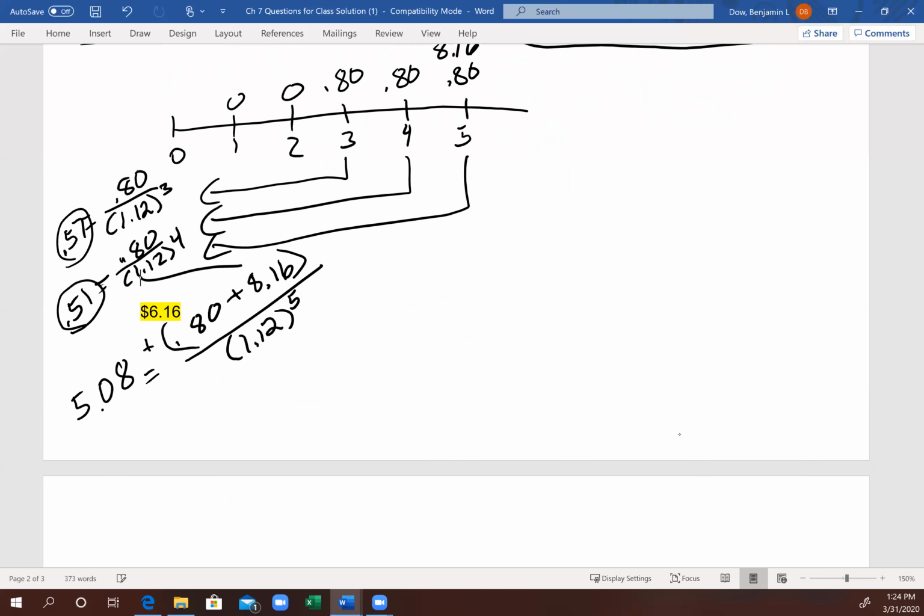So if I add all these up, 57 cents plus 51 cents plus $5.08, I get $6.16.